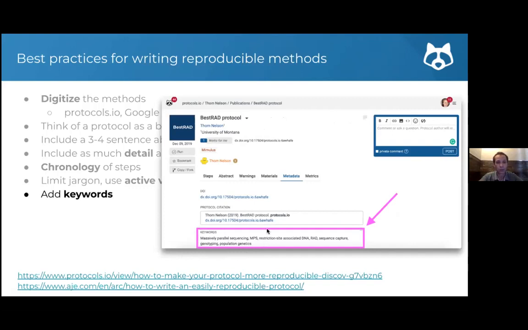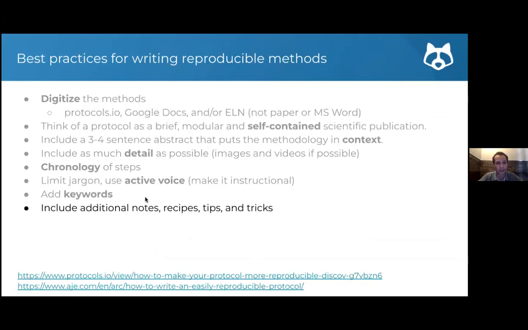So put in the synonyms, PCR, polymerase chain reaction, put in the synonyms so that when you're searching, when others are searching through the repository, or when you're searching for your own protocols or collaborators' protocols, they will be easy to find, not just the two words that are in the title. So don't miss the keyword section.